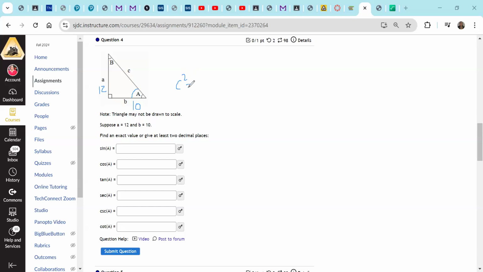C squared is equal to 12 squared plus 10 squared. So we have 144 plus 100, which is 244. Then we find C. C is the square root of 244. Calculate that on your calculator.